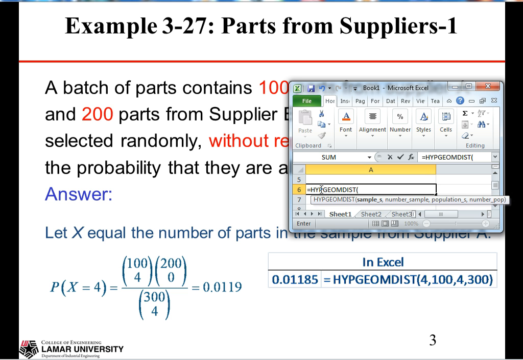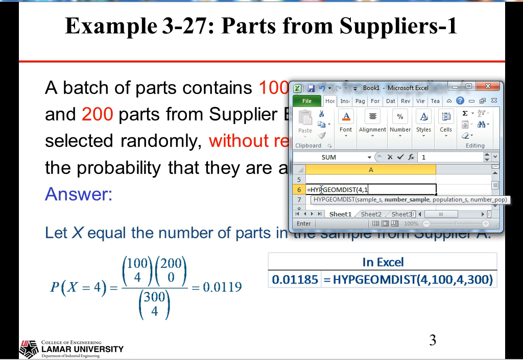The first parameter is the number of successes in the sample. Here it's basically x equal to 4. The second parameter is the number of samples that are successes inside the whole population.